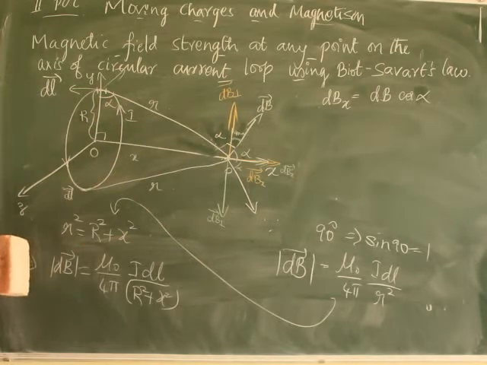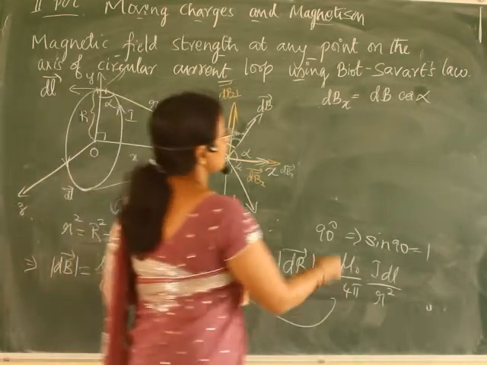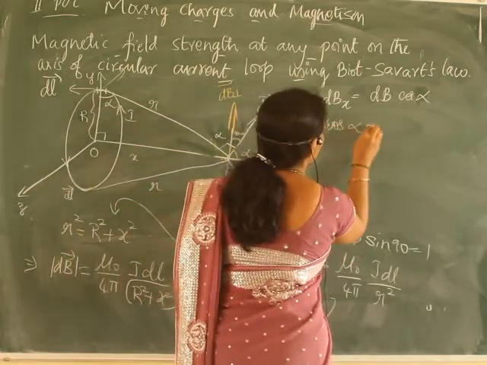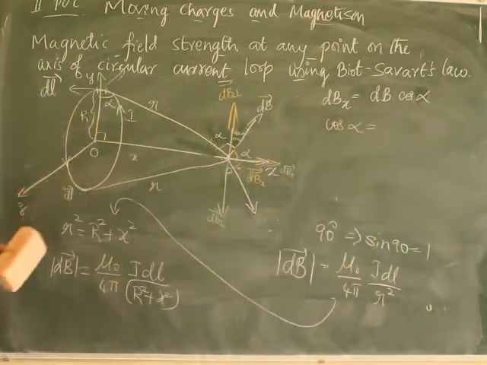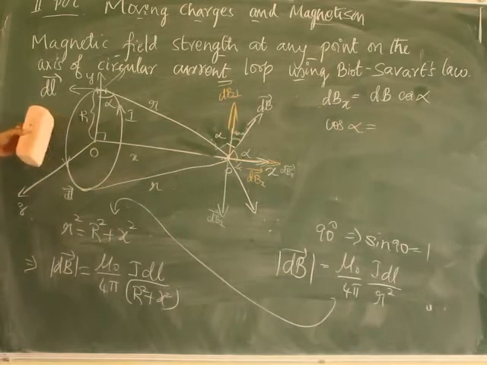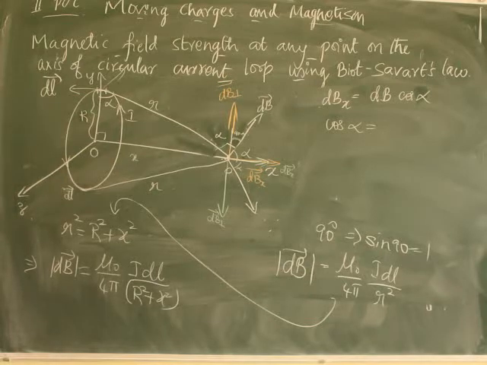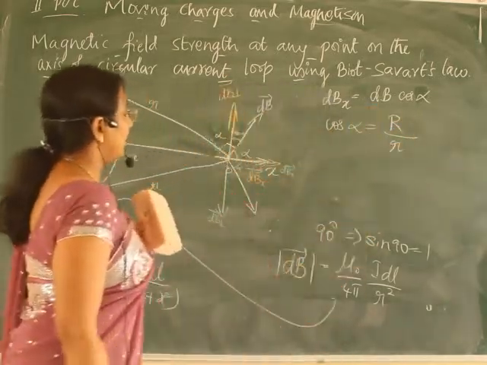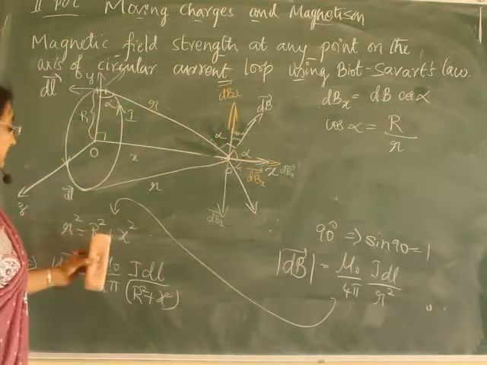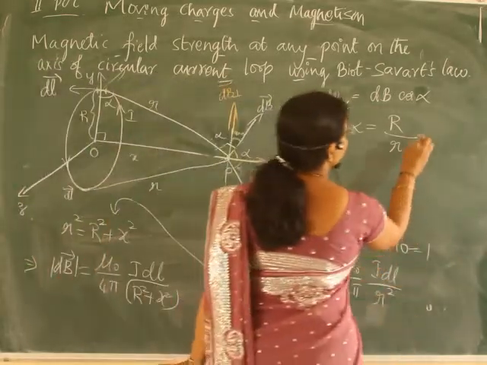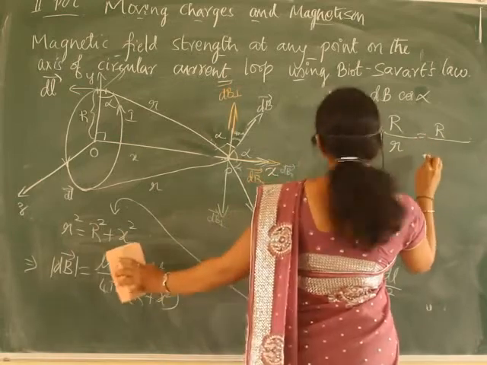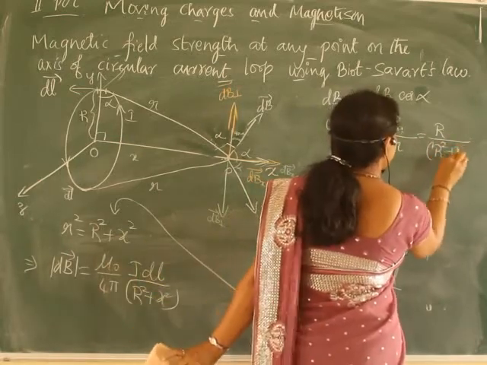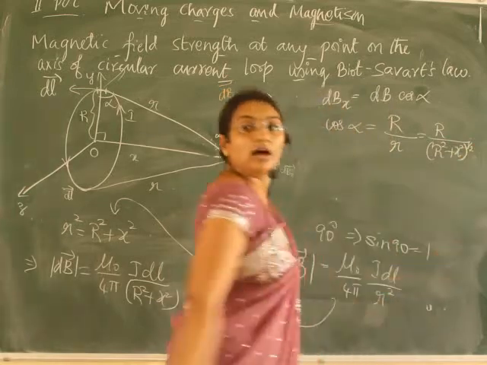Correct? Now, what is cos alpha? Cos alpha is equal to adjacent by hypotenuse, that is R by r. Or else I can write, r is equal to R divided by (R square plus x square) to the power half.